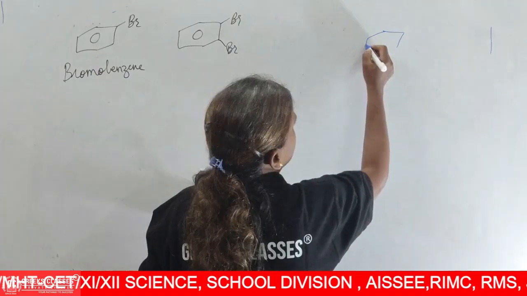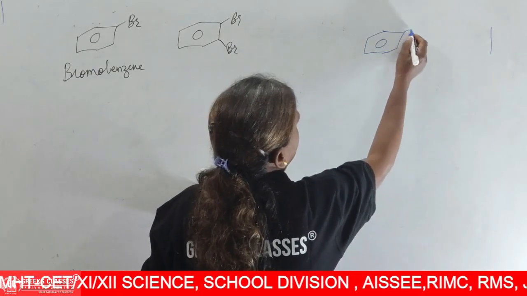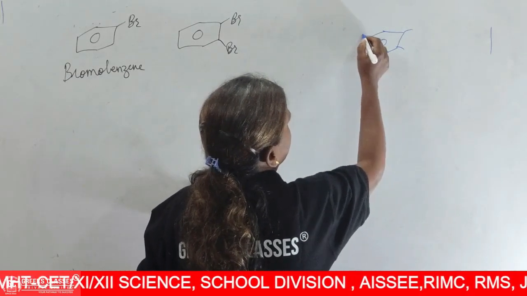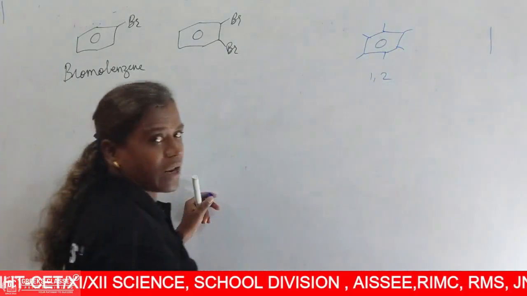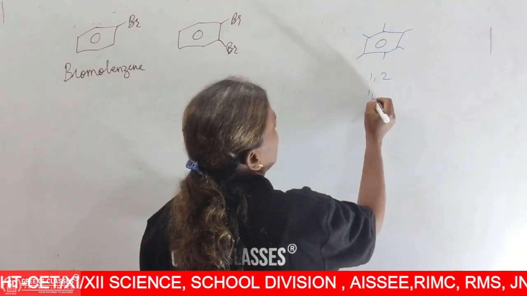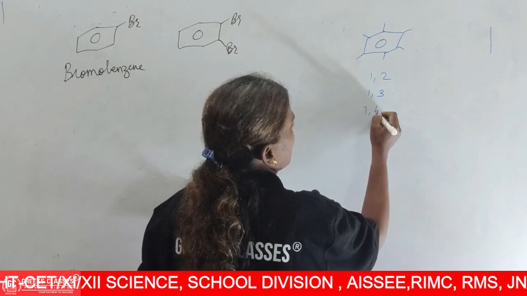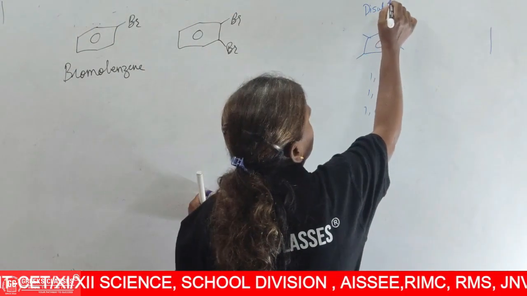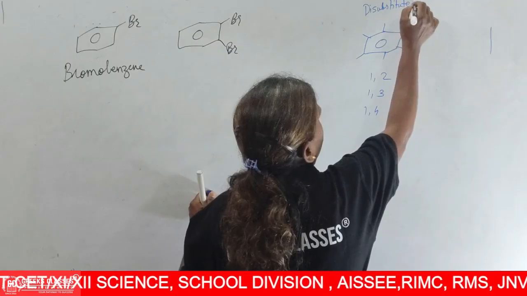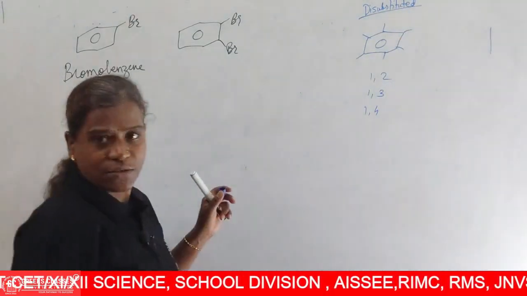Now see, if there is an aromatic system and the substituents are at carbon number 1 and 2, or 1 and 3, or 1 and 4, this rule applies for disubstituted derivatives.